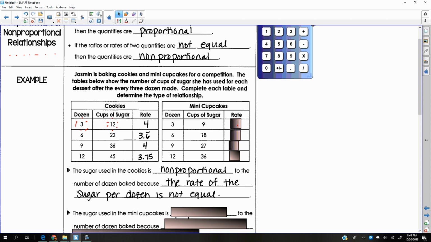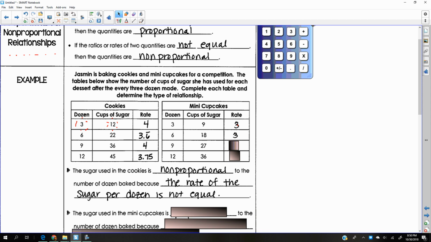But let's look at the mini cupcakes. She needs 9 cups of sugar for 3 dozen mini cupcakes. So 3 times 3 is 9. If she's going to make 6 dozen, she needs 18 cups. So 6 times 3 is 18.